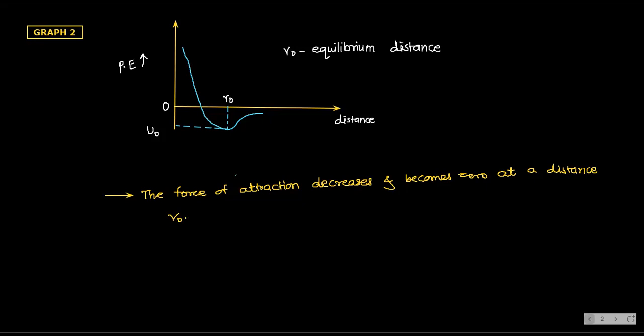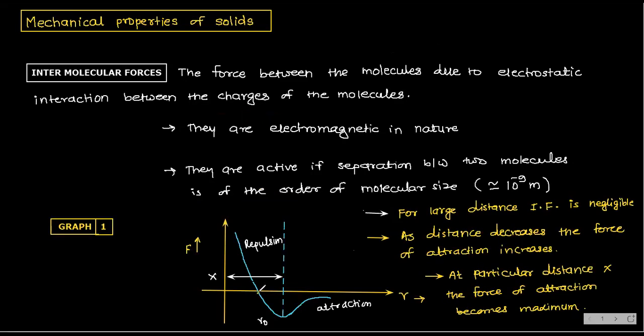You can write this r naught here, above where your force of attraction is going to be zero, and this distance is x complete.